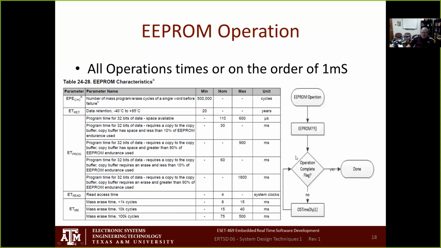And this is nice and generic, and that way we don't have to say, well, if we're writing this particular thing, then we're going to wait 600 microseconds or 30 milliseconds or 900 milliseconds. By the way, 900 milliseconds is a long time. That's almost a second. That's forever. That's almost 2 seconds.